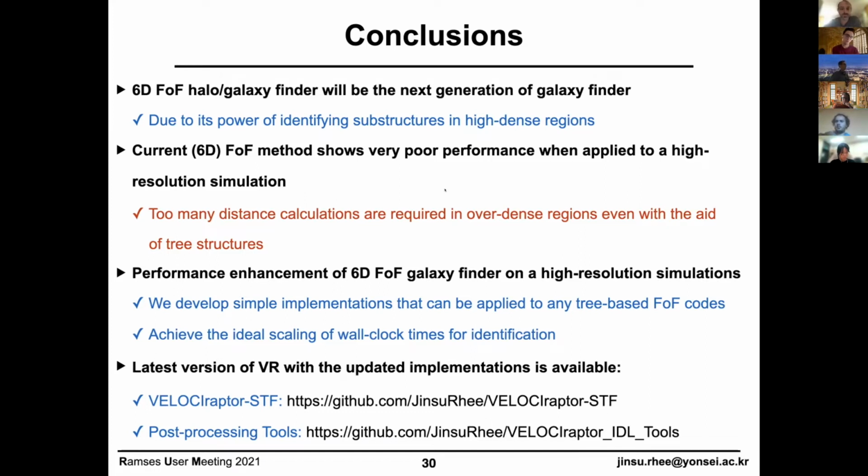Usually the linking length for velocity space is defined as the dispersion of the larger host. And VELOCIraptor uses an iterative way of defining velocity dispersion for the host system as it finds smaller and smaller systems.